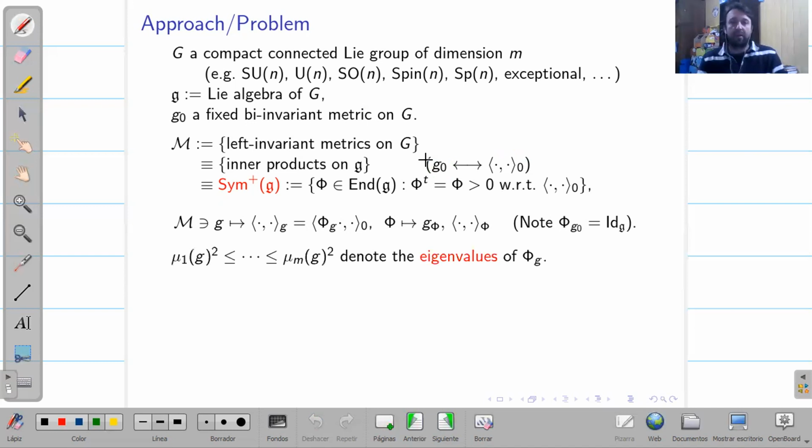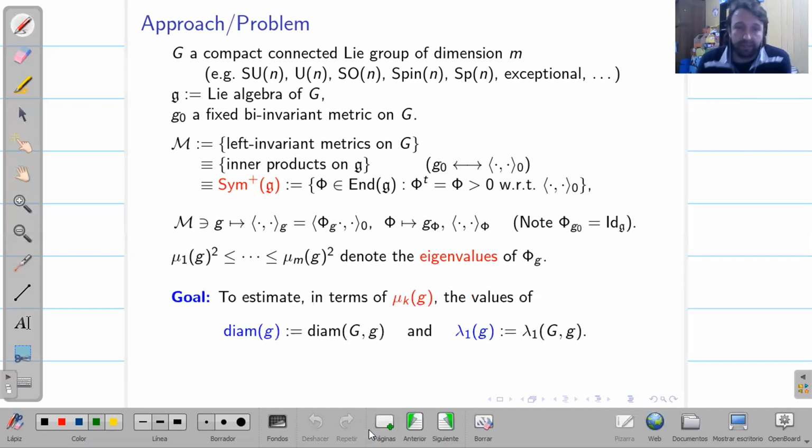Okay, let us denote by these numbers the eigenvalues. Of course, this is a positive definite symmetric map, so the eigenvalues are real and positive. And let me denote them with a square, which is going to facilitate some things. Okay, they are positive.